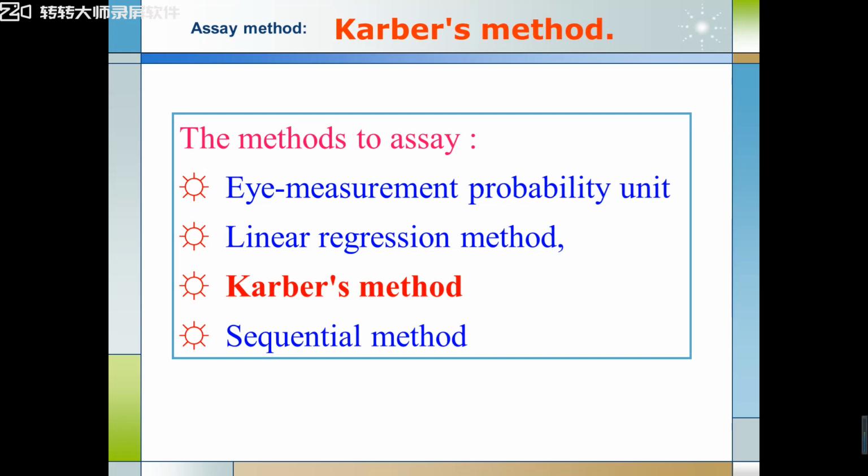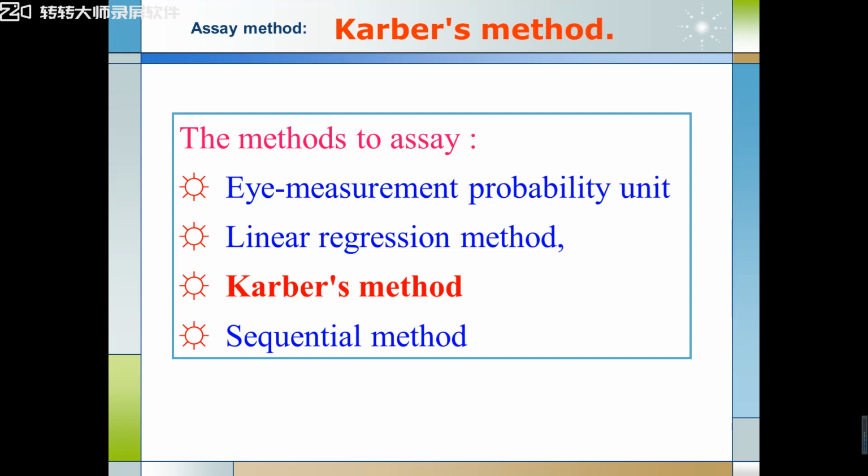These methods include: the first method is the probability unit method. The second method is the linear regression method. The third method is Karber's method. The last method to test LD50 is the sequential method.